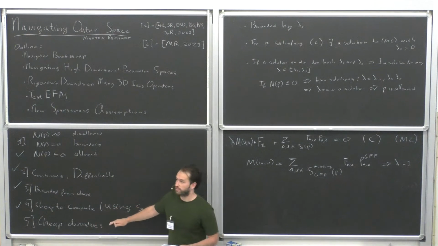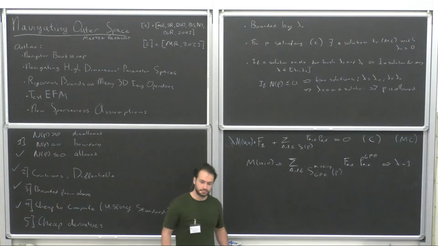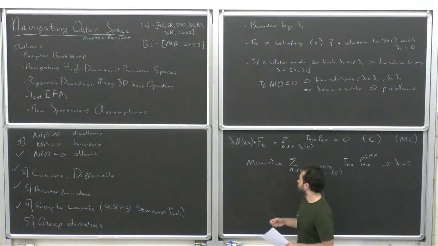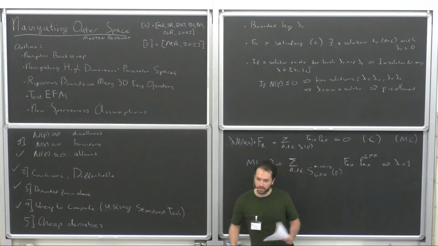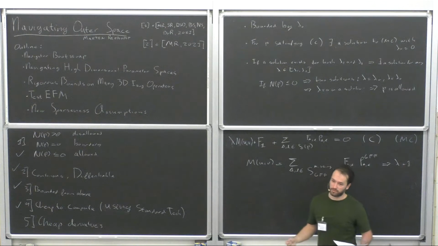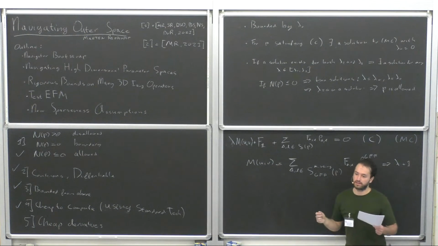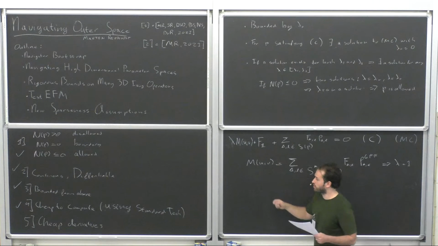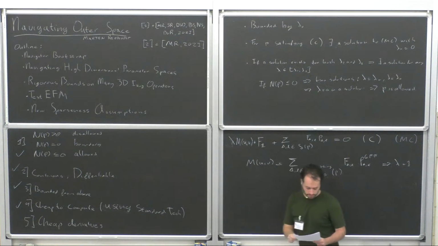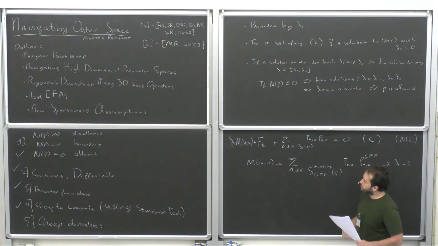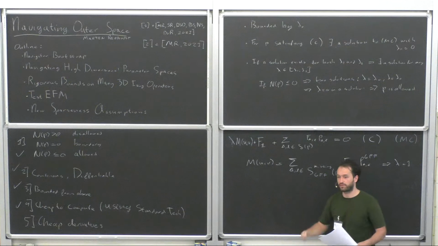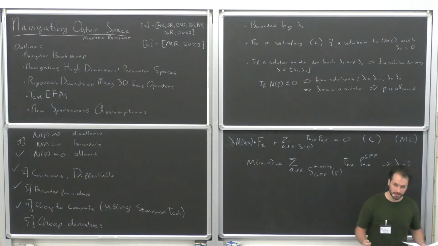Finally, in the interest of time, I will skip going into the details on the cheap derivatives, but because the problem that we're solving to minimize this lambda is a semi-definite program where you have to be at an extremal solution, the fact that you're at extremality implies certain conditions on your semi-definite program.